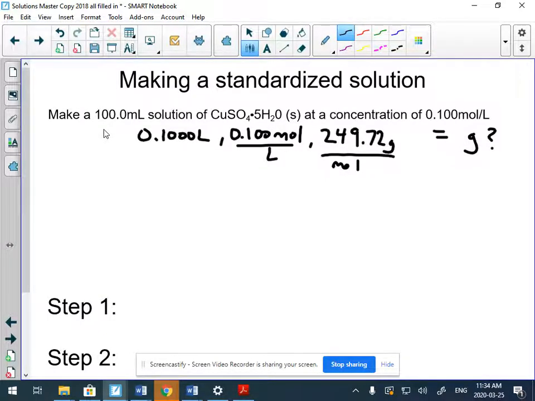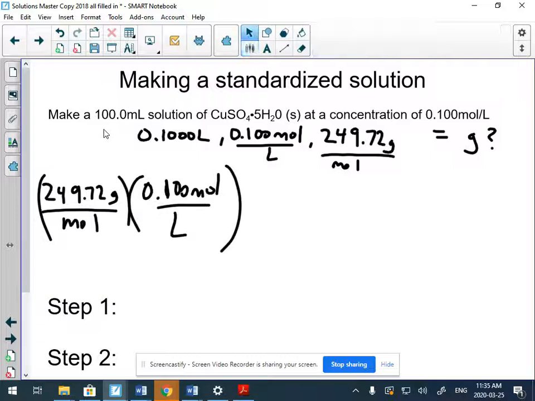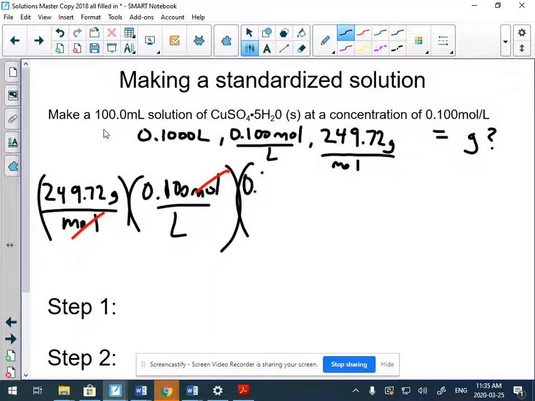Okay, so this is going to be very similar to the questions that we did on Wednesday and Thursday, where in order to get mass, we start with the molar mass variable. Get rid of moles by putting moles on top. So we're going to use the concentration next. Okay, our mole will cancel out. Mole cancel, mole cancel. And then I'm going to get rid of liters with the volume. Liters cancel. Okay.